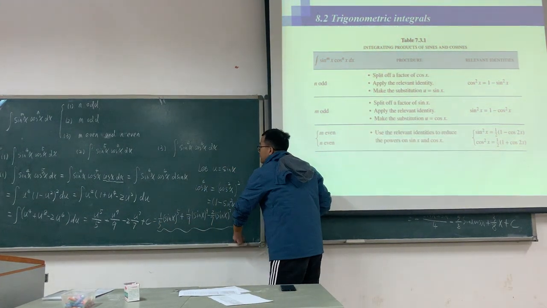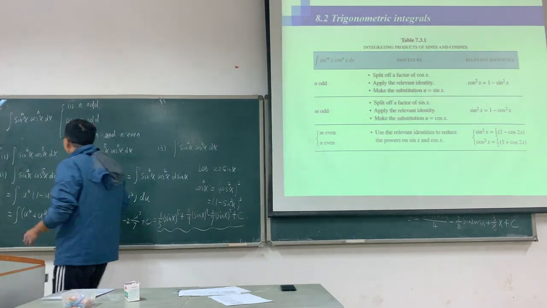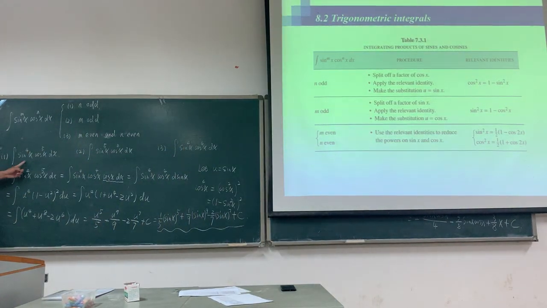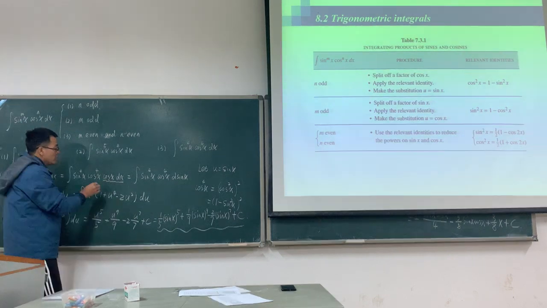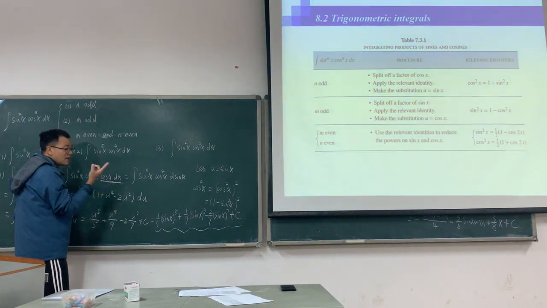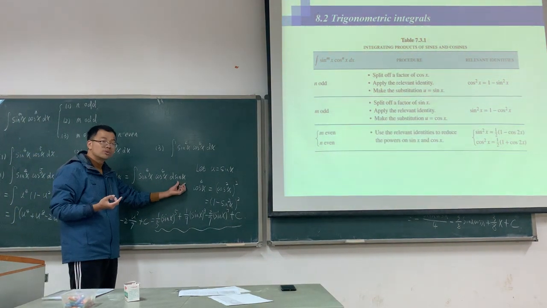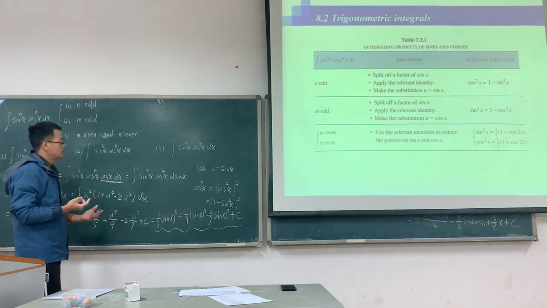This is the result. So for this one, the 5 is odd, so we split off one factor: we divide cosine x to the 5th power into cosine to the 4th power times cosine. This part we let be d sine, so we let u equal to sine.